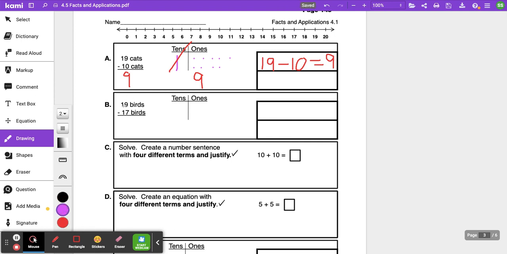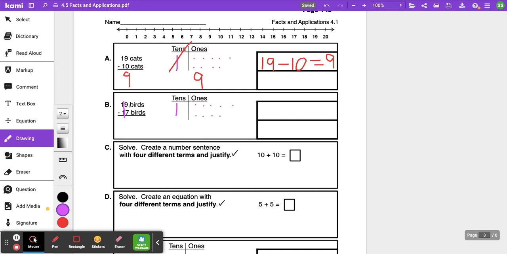Okay. 19 minus 17. When I look at these two numbers, I know that 17 is close to 19. If I count it, 17, 18, 19. Those numbers are very close. I still want us to draw it out though here just to practice. Here's my 10. Here are my 9 ones. And look at the place value, the ones and tens.